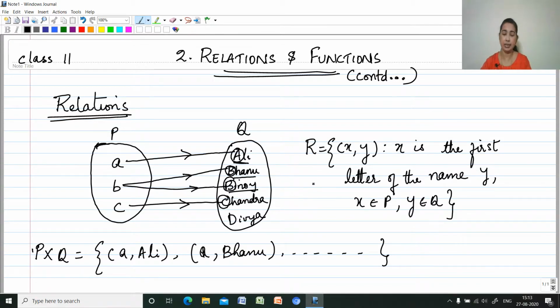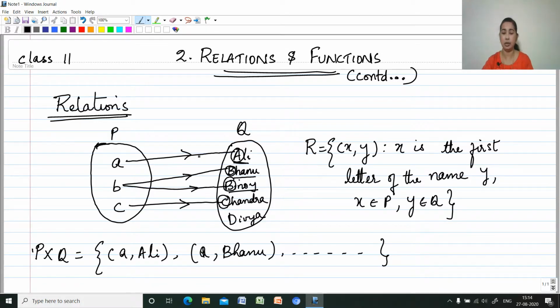We can see that R consists of only a few elements, the elements which satisfy this relation. That is, A is mapped to Ali, B to Banu and Binoy, and C to Chandra. No other elements are mapped to Divya or the rest, so only a few have some relation.